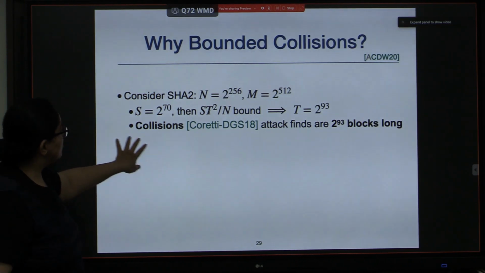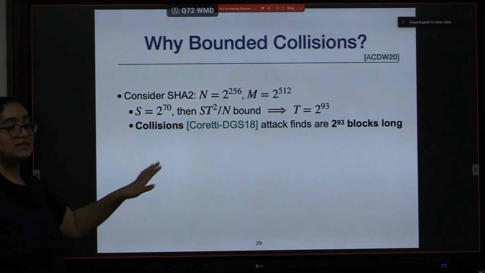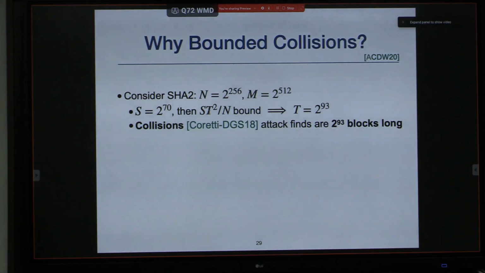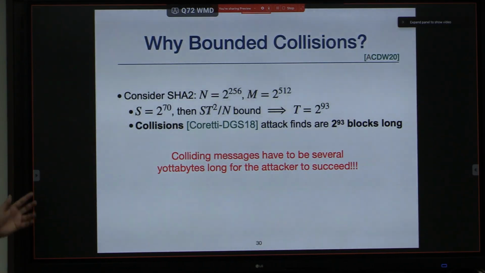And so the collision that it will find would be 2 to the 93 blocks long, because we were finding order of t block long collisions, right? This colliding message would be exabytes long, or even more, like petabytes. I don't remember how much, at some point I looked at it. But it doesn't make any sense. No application gives such long collisions.